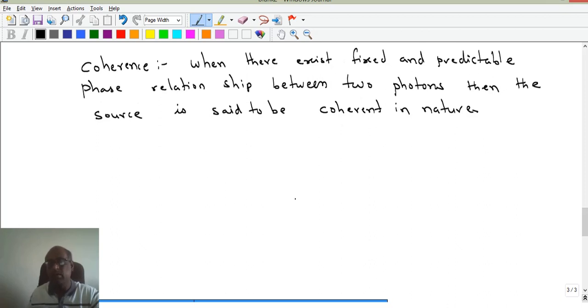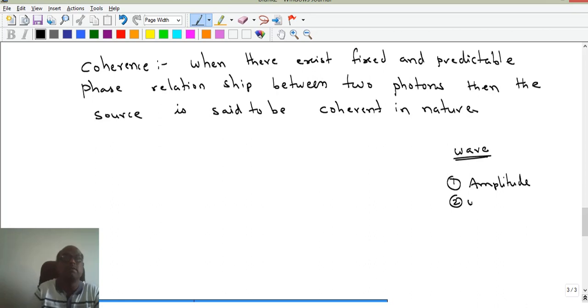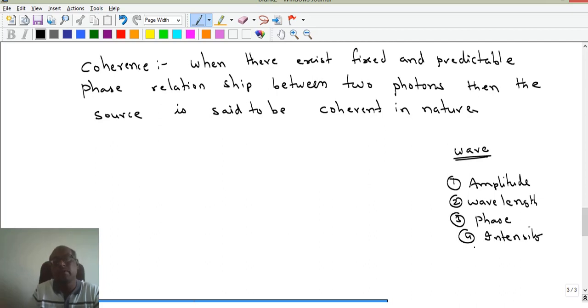So phase is already one of the properties of a wave that we have come across. If you look at wave properties, a wave should have the following properties. One is amplitude, second wavelength, third phase, fourth intensity, and the fifth one frequency.